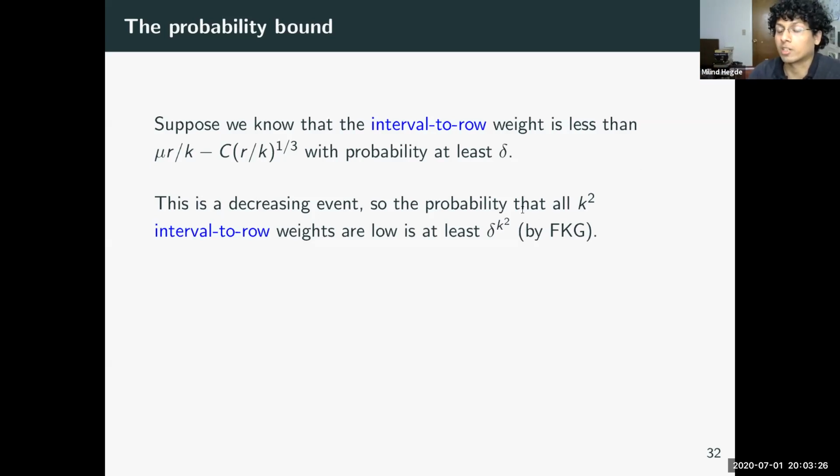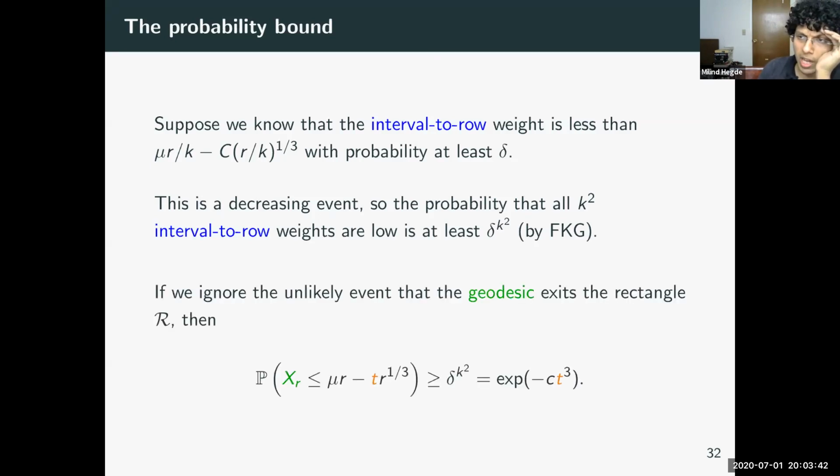So that's a lower bound of delta to the k squared. Otherwise it would be quite hard to understand the probability of this intersection of so many events, except we know that they're decreasing. So they have a correlation inequality, which is the FKG inequality. So ignoring the thing from earlier of the event that you exit the rectangle, you have this lower bound of delta to the k squared. And k is t to the 3/2, so it's delta to the minus t cubed.